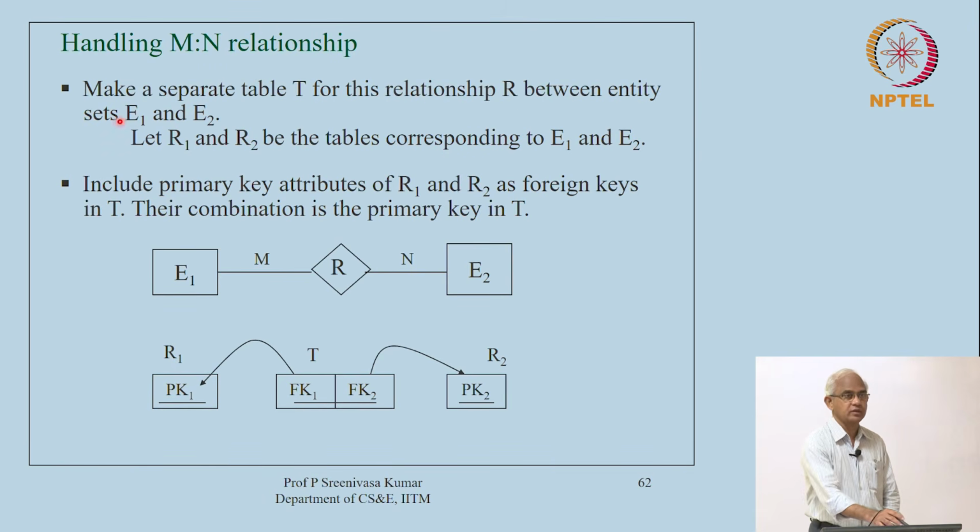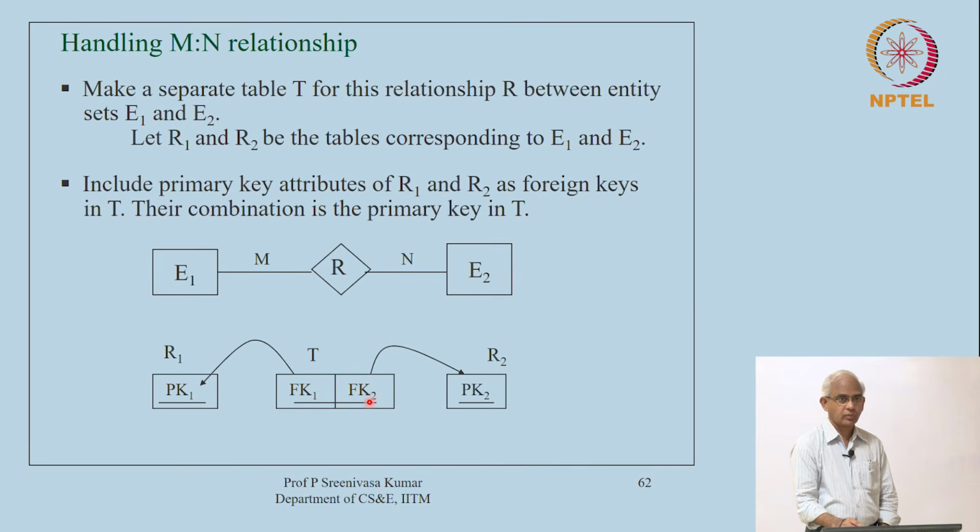between entities E1 and E2. Let us say E1 is already mapped to R1, and E2 is mapped to R2. In order to handle this many to many relationship, now introduce a third table, where you include the primary key attributes of R1 and the primary key attributes of R2 as foreign keys.